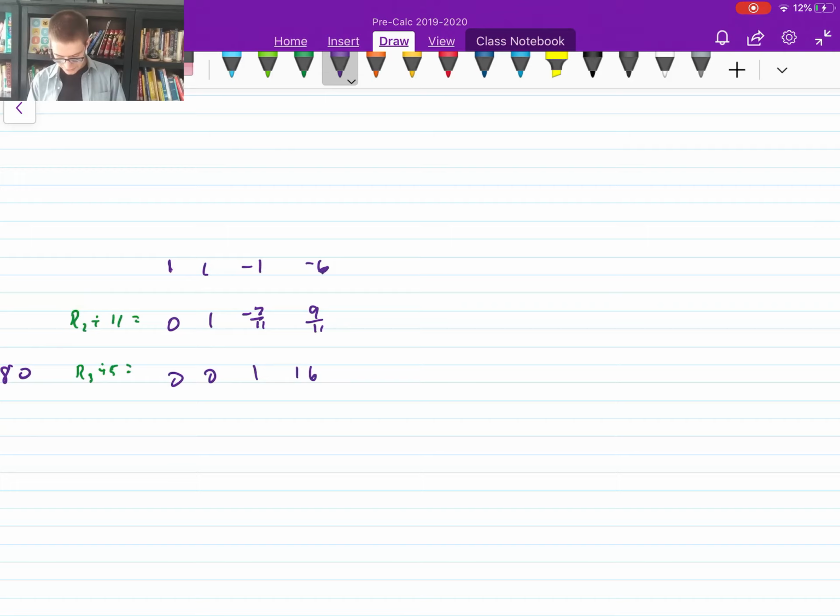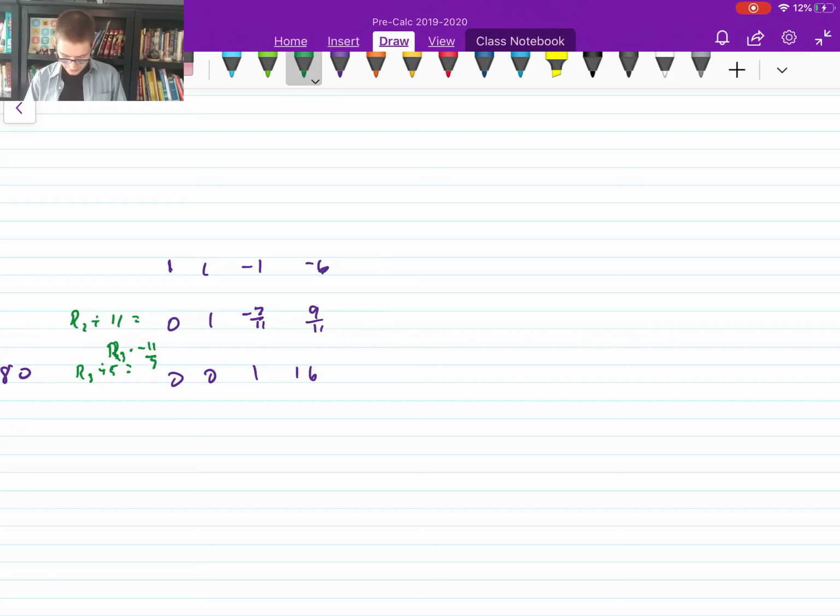So we need to multiply row 3. Row 3 times, let's see, that'd be negative 11 over 7. So this gives us 0. This is still green.